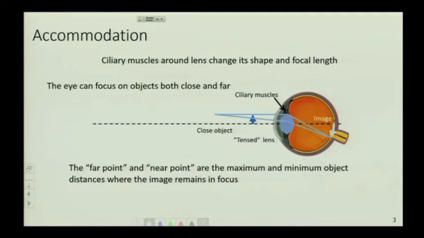Okay, so once again, what I have to do to correct my vision is this: if I take an object that's nearer than that, I need corrective lenses to be able to focus on that object.